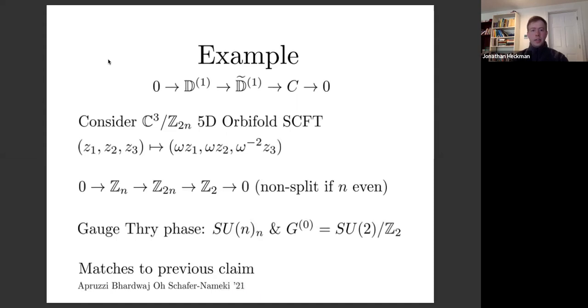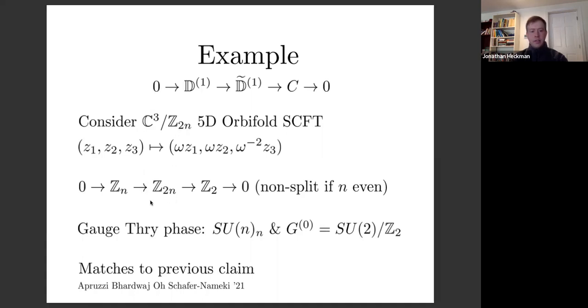Does it work? Here's an example. We didn't do too many examples in the paper, but we did check it in a couple of examples, and it seems to pan out like we'd expect. We did an abelian case, and when you do that, for the 5D orbifold CFT, you find this kind of group action, the one I mentioned previously. Here's the short exact sequence, and notice that it's now a Z mod 2n that I'm writing here.